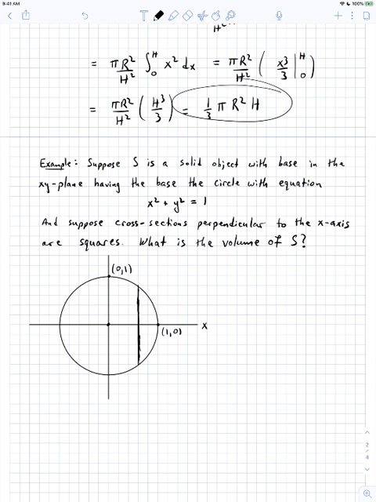But there's a square sitting right here on the circle. If you imagine drawing the circle on the ground, then there's a square sitting on top of it like this. So this is the square.